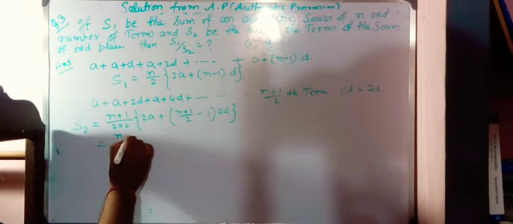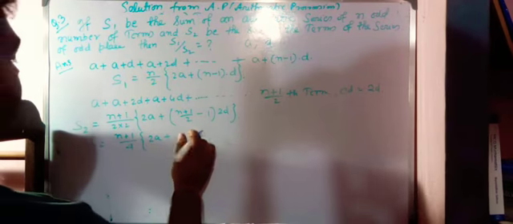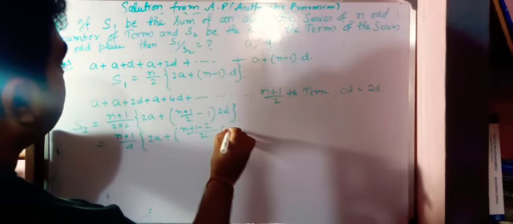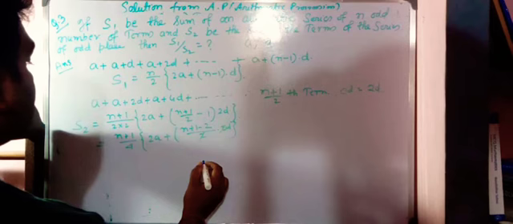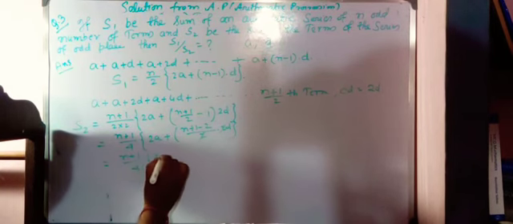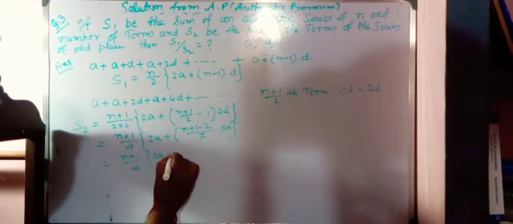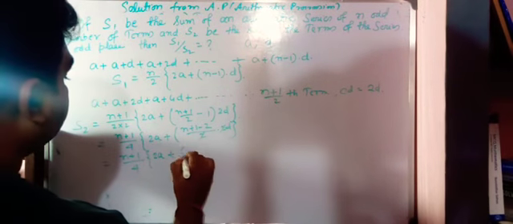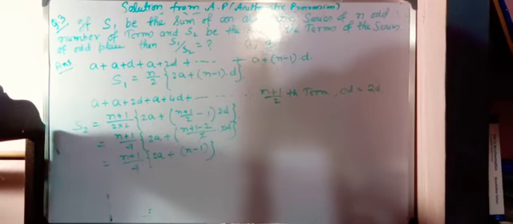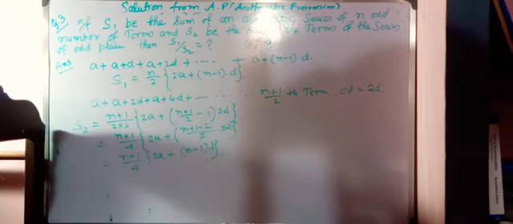Next, the calculation: (n plus 1) by 4 into (2A plus (n plus 1 minus 2) by 2 into 2D). So this is (n plus 1) by 4 into (2A plus (n minus 1)). Understood? Obviously D should be multiplied here.